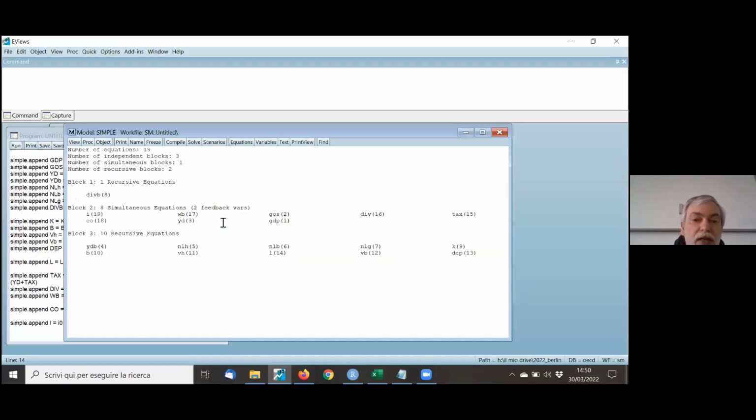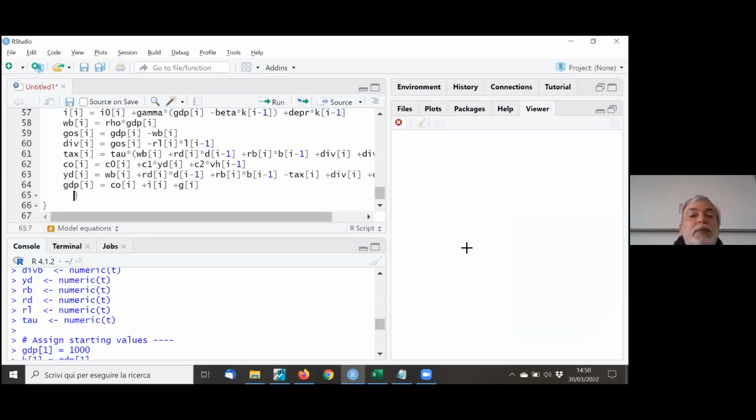At YDB, I think we don't need NLH, NLB, NLG, we don't need. We need K. So Ki is equal to the previous value multiplied by 1 less the PR plus I.